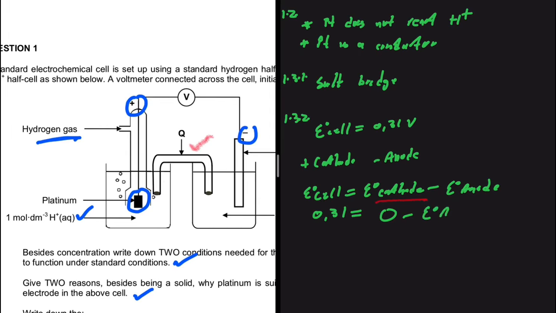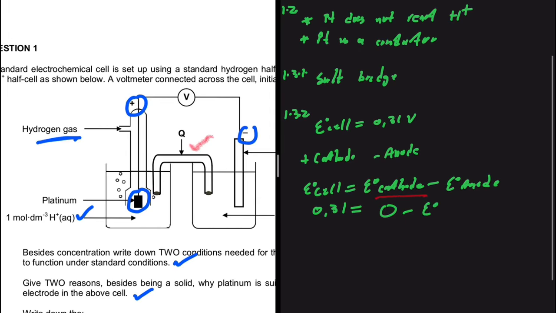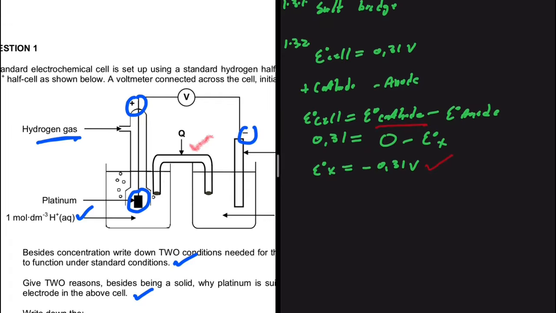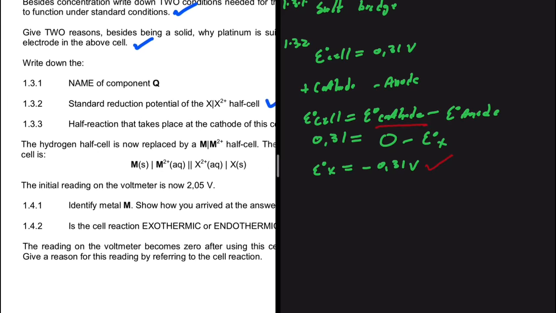So minus the potential at the anode, which happens to be X. If you go ahead and find the reduction potential of X, you're going to realize that it is equal to minus 0.31 volts. So this is the answer. It is for 1 mark because it is easy to see without doing any calculation. But if you are not familiar with galvanic cells and the EMF of a cell, this is how we get to the answer. Right.